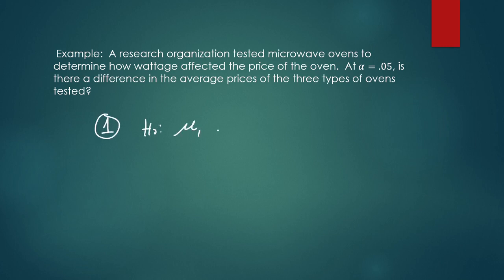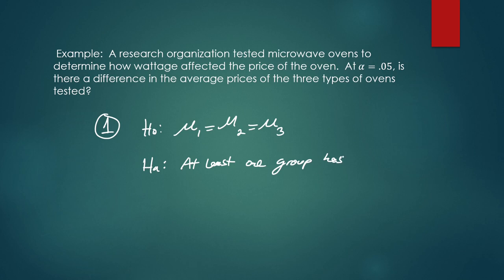For the null hypothesis, we'll say the mean of the first group is equal to the mean of the second group, and that's equal to the mean of the third group. The null hypothesis is just saying all of the ovens have the same average price. For the alternative hypothesis, we'll just have to write at least one group has a different mean price.